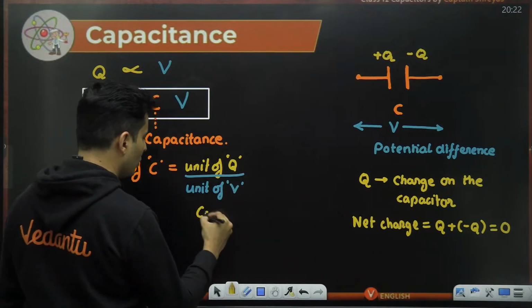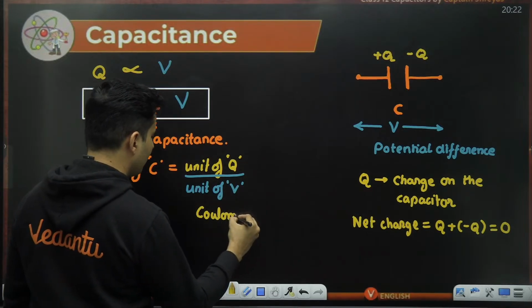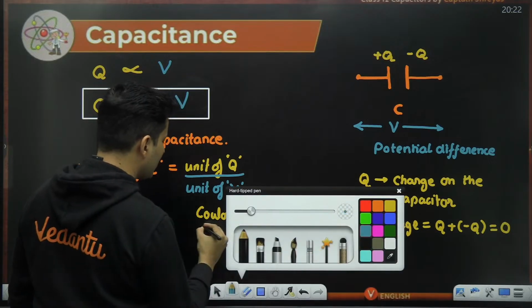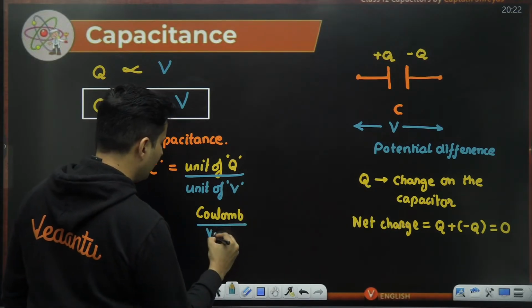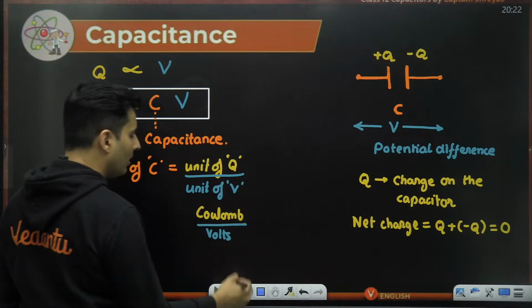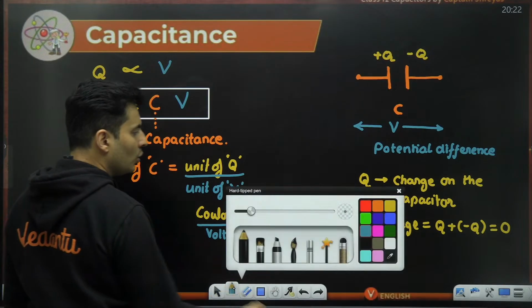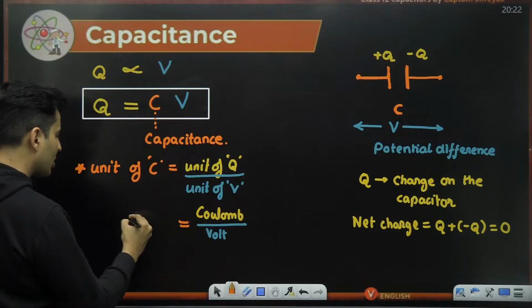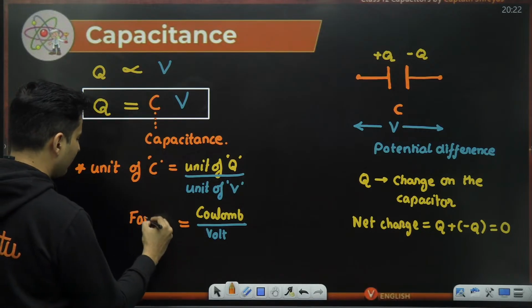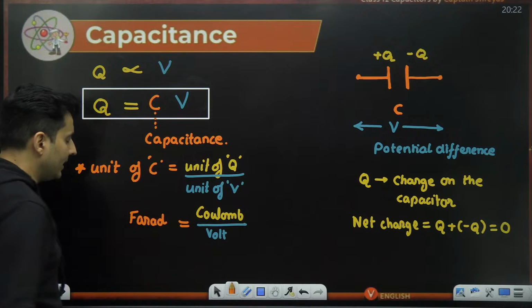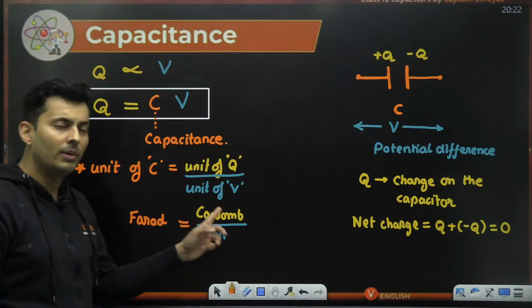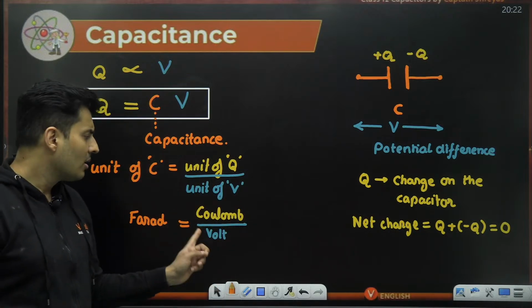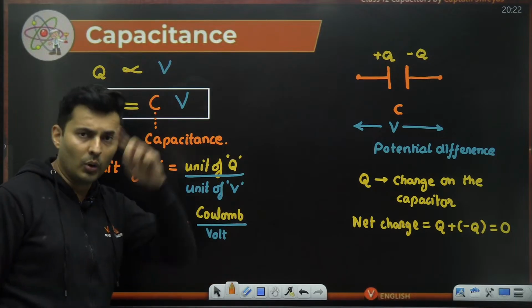Charge is nothing but coulomb, and voltage is nothing but volts. So coulomb per volt is the unit of capacitance, but that is given a name, which is called a farad. So 1 farad is when you are able to store 1 coulomb of charge when you apply 1 volt.